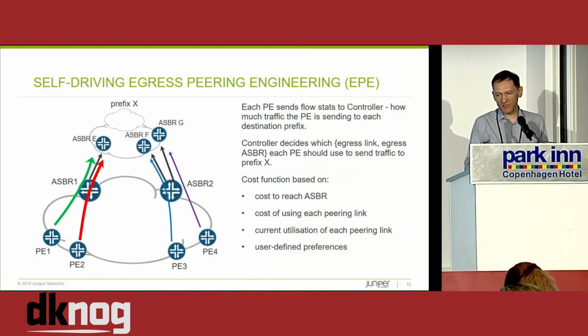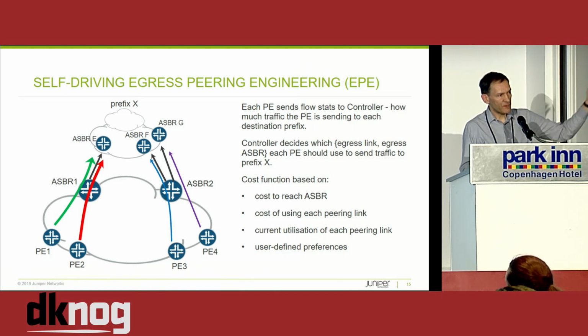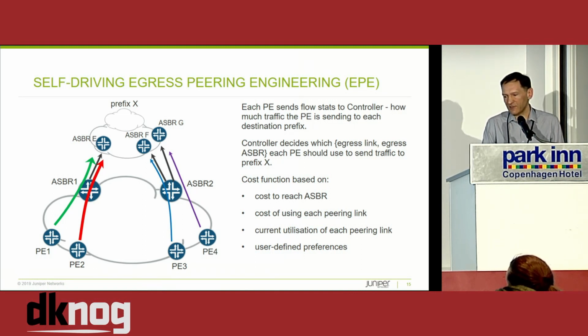And suppose in this diagram we focus on how you're sending traffic from your network, from your various ingress points, through your peerings to prefix X, which might be several AS hops away on the internet.